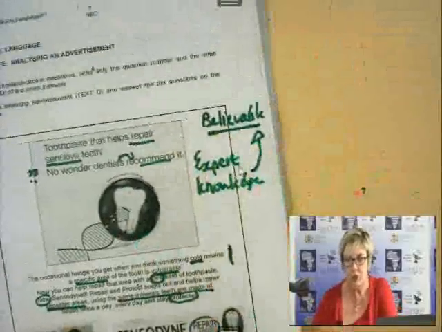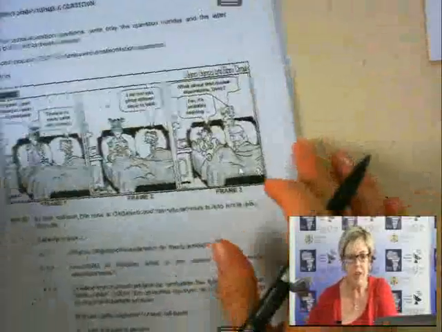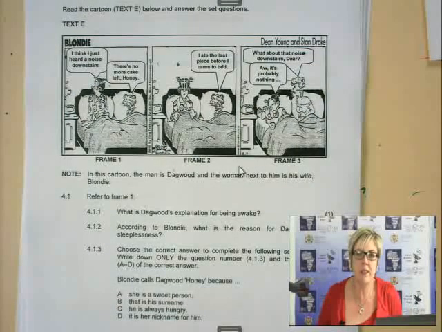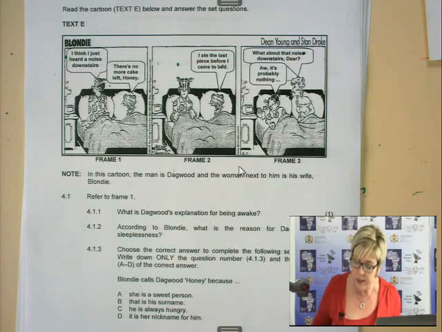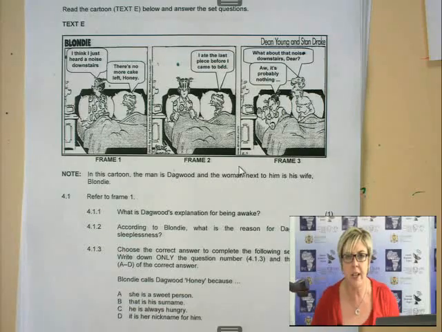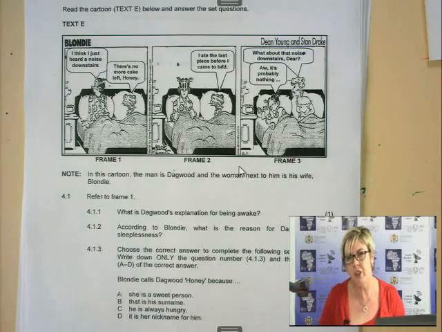Now the cartoon, analyzing a cartoon. I found that this is something that's difficult for learners. The advertisement is even a little bit easier, but I found that the cartoons are difficult, and sometimes it is difficult, I admit, because the cartoon characters are drawn in such a way that their facial expressions aren't very clear.